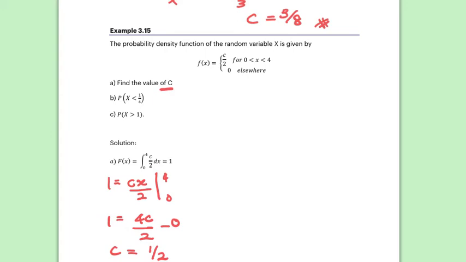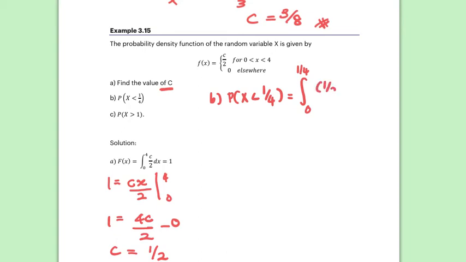Alright, and then you need to solve the next questions. For B, we have the probability that X is less than 1 over 4. After you solve question A, you need to replace c in the equation. The lowest limit that you have is 0, and c is 1 over 2.